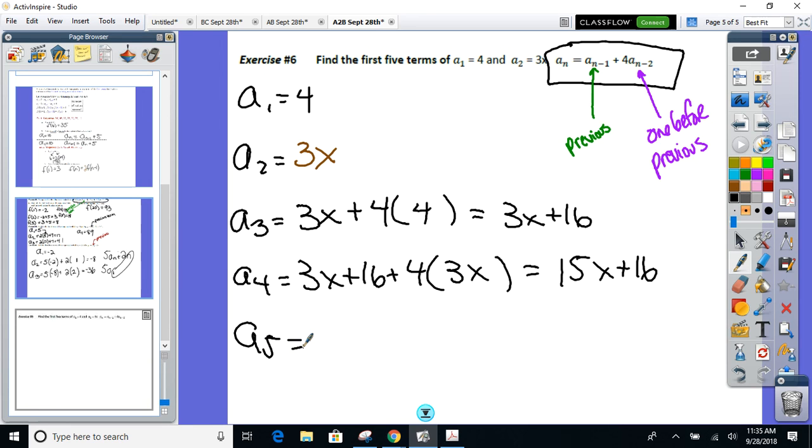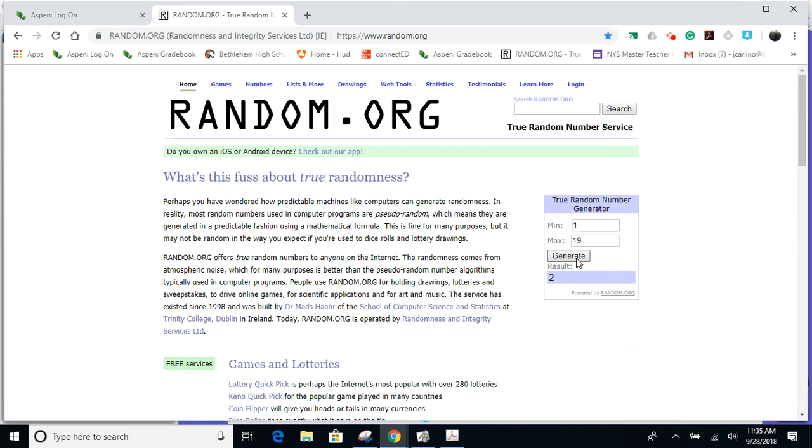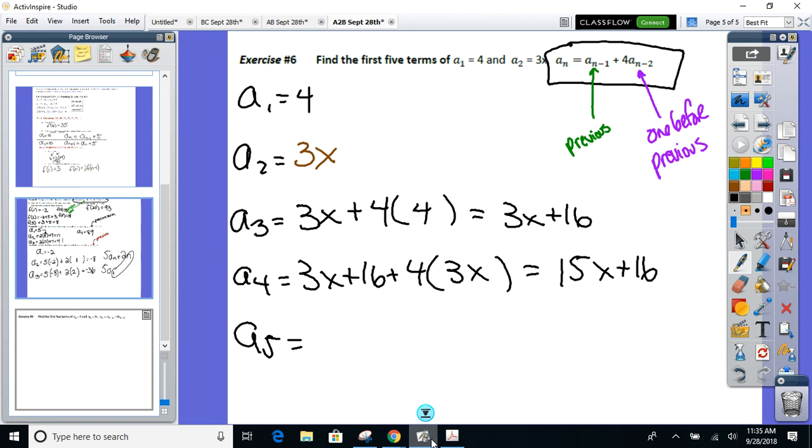I'm not even going to write anything. Tell me what you got to do to produce the fifth term now. Previous term, 15x plus 16 plus times, what do I multiply it by now? The term before the previous, 3x plus 16.